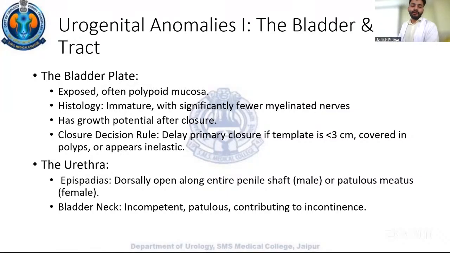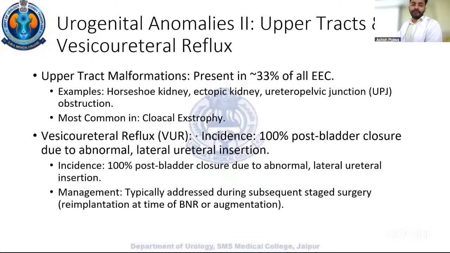In the urethra, there will be epispadias, which is dorsally open along the entire penile shaft, or in the female, there will be a patulous meatus. The bladder neck is usually incompetent and patulous, which leads to incontinence.